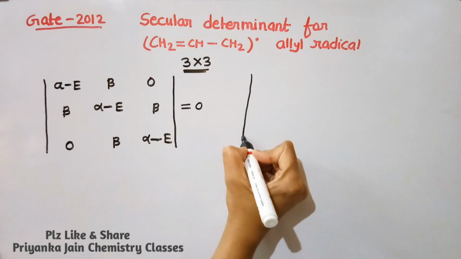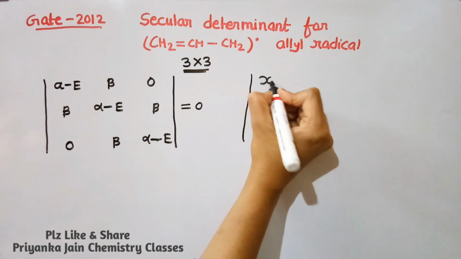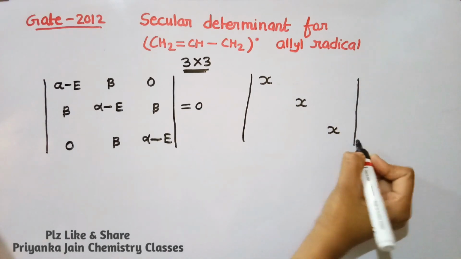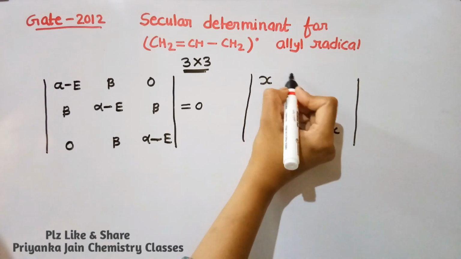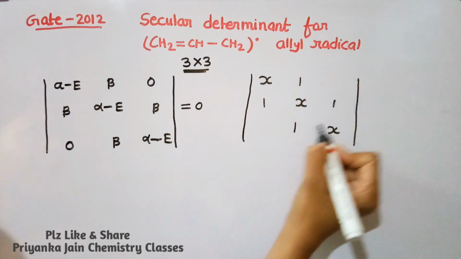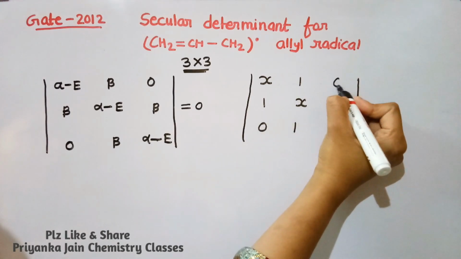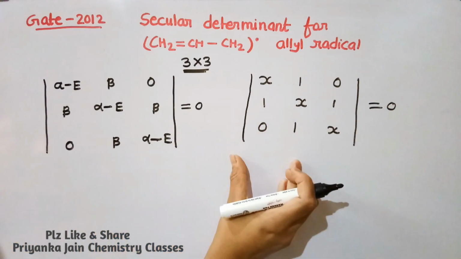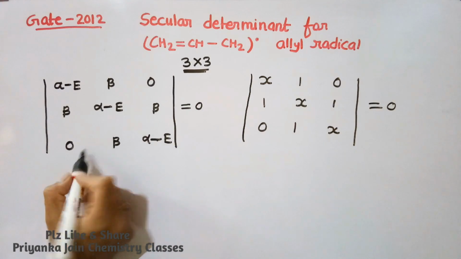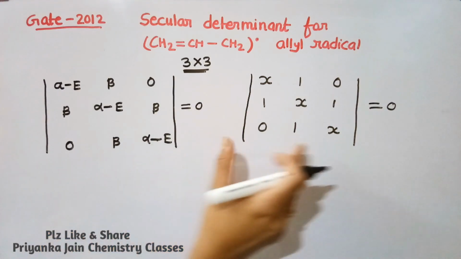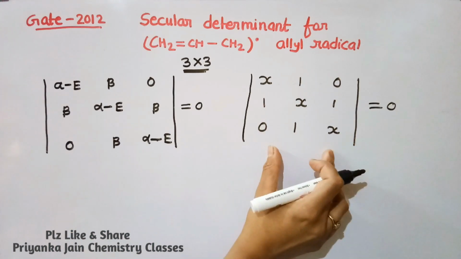So what you have to do is, in this way, at the diagonals you have to write down x, and then here you have to write down 1, and then this will be equal to 0. So these two are the forms of the secular determinant. In the question paper it was given in this form. So this was the answer of this question. If it is given in the form of x, then this will be the answer, right?